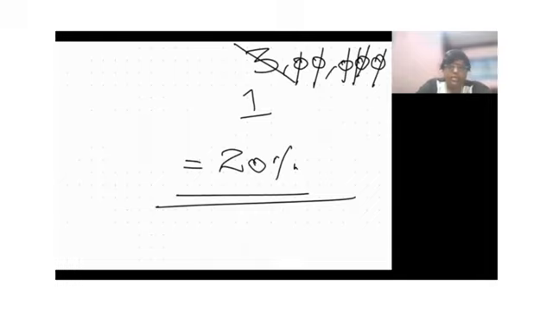And now let us see also one more example as per this.